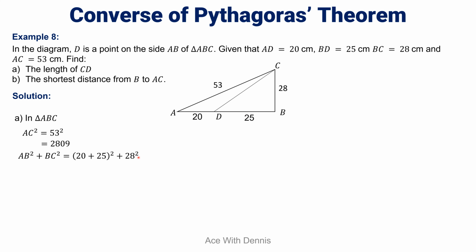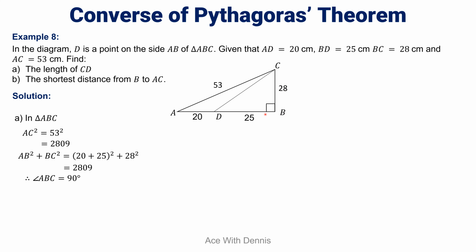BC will be 28, then squared. So the answer is 2,809. Now we compare these two values. The square of the hypotenuse is the same as AB square plus BC square. Right? So from here, we can say that this angle ABC is 90 degrees. Okay?